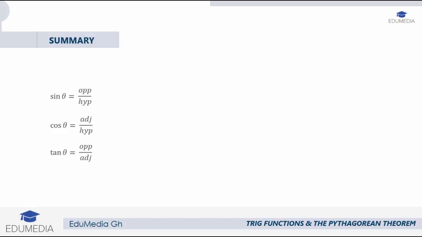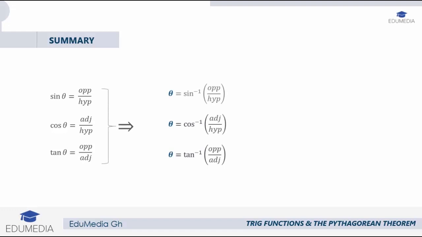And when we rearrange these functions, or do change of subject for them, we can have them look like this. Using the inverse of each of these functions, we'll be able to get the angle to stand on its own.